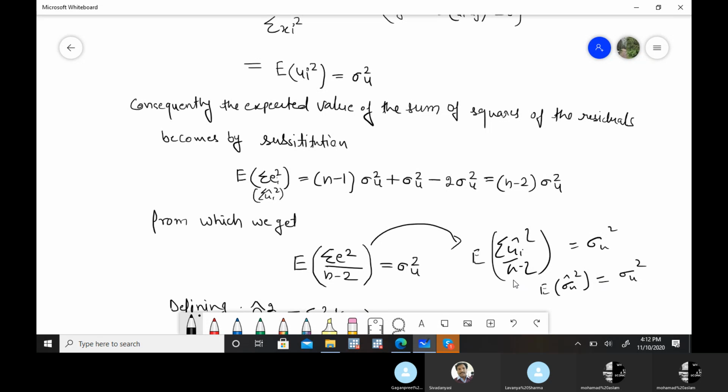That's why everywhere we have an expected value of this residual variance, in the form of probability we can also write it as expected value of ui square.